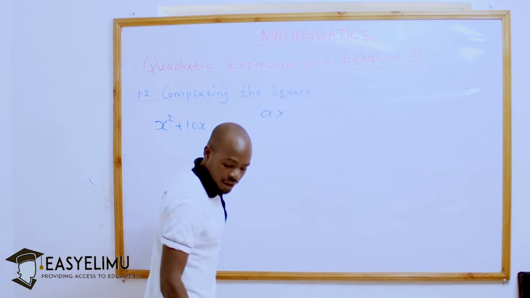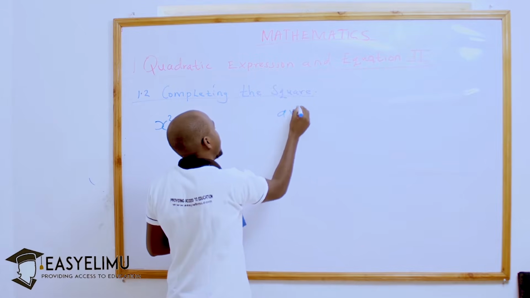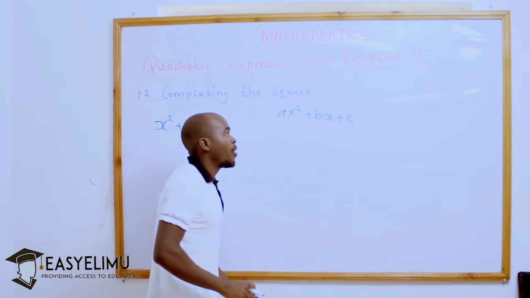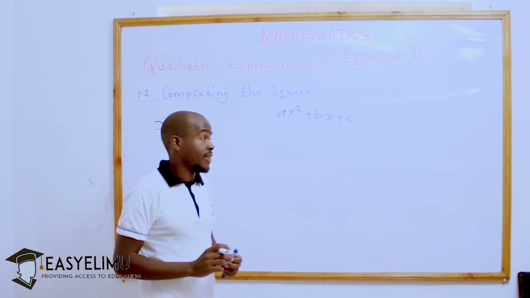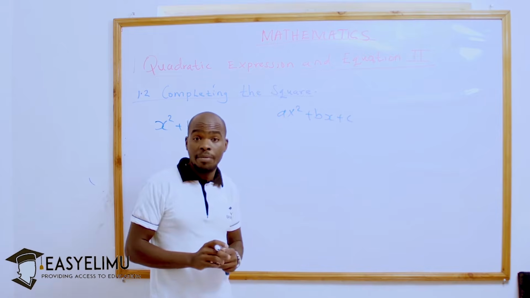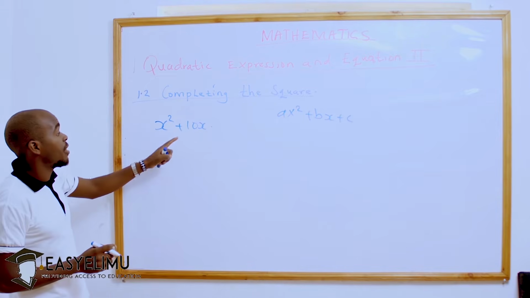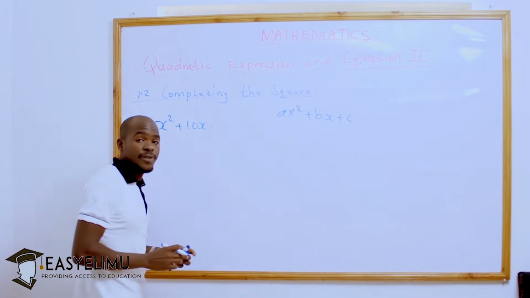Being given this kind of quadratic expression, it has to be, let's just give it ax squared plus bx plus c, whereby a, b, and c are constants, and x is the variable which here we are dealing with. For instance, here we have x squared plus 10x, but we don't have the value of c.